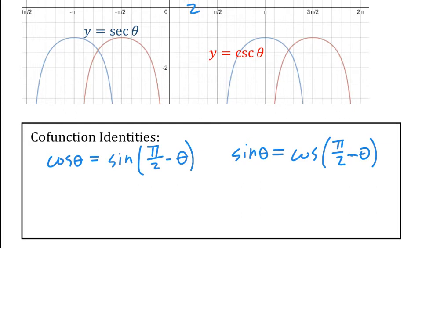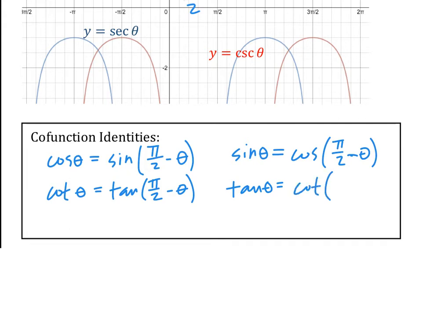Okay, the other one is the same. Cotangent is tangent of pi over 2 minus theta. So what do you think tangent is going to be? Tangent is going to be cotangent what? Yeah, pi over 2 minus theta.